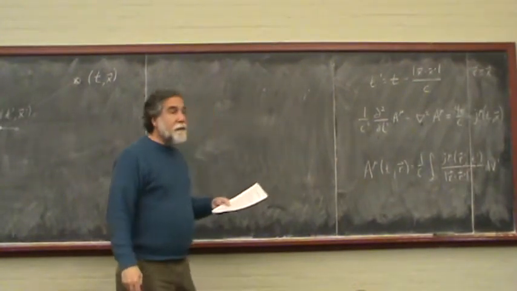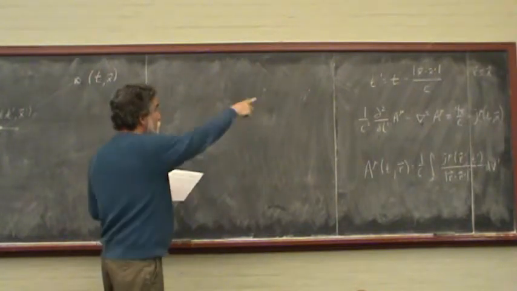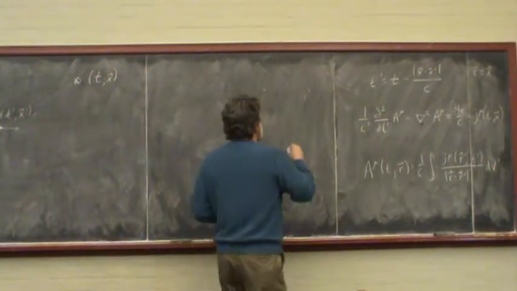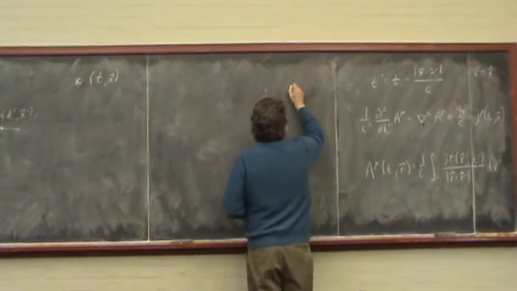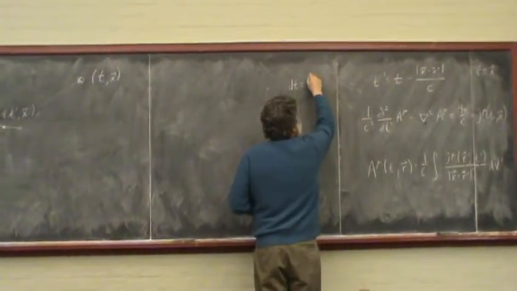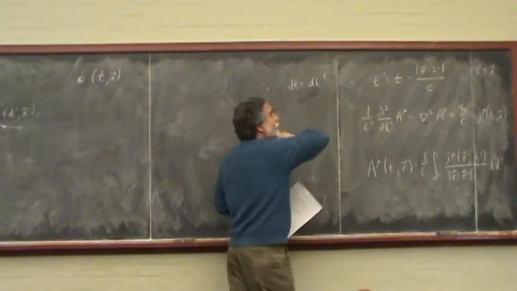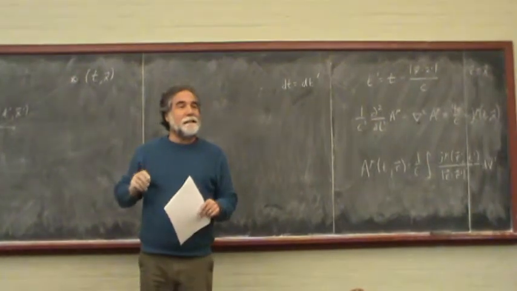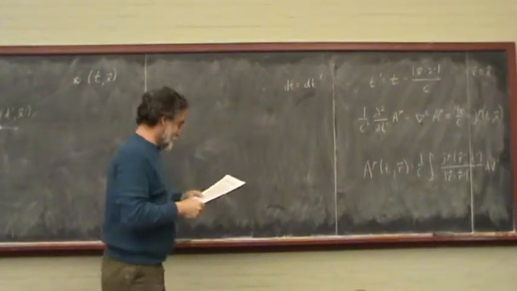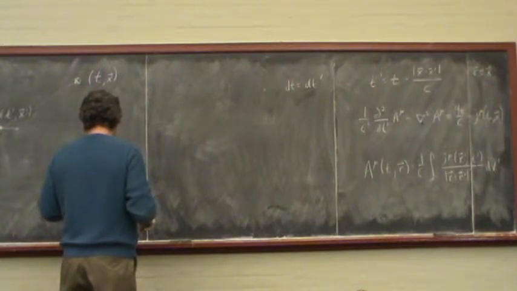All right? The derivatives can be complicated, but here's an easy one. So this is the one that I'll do for you. And that is that dt is equal to dt prime.